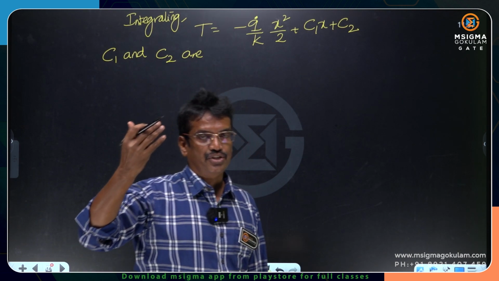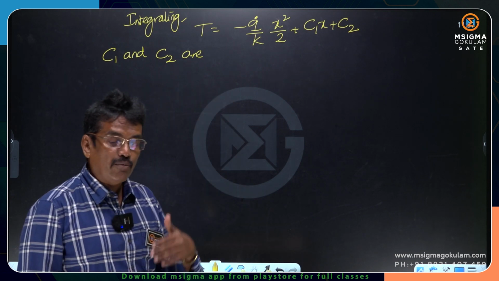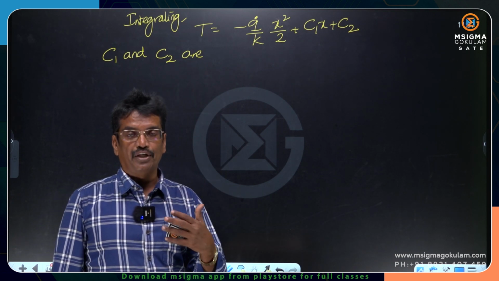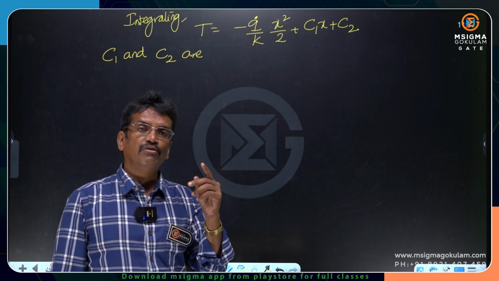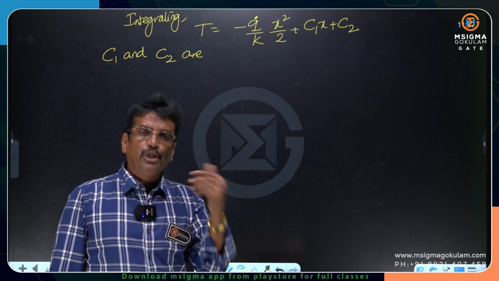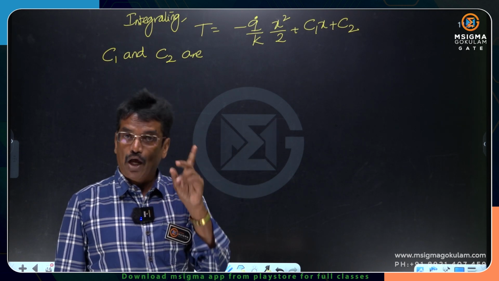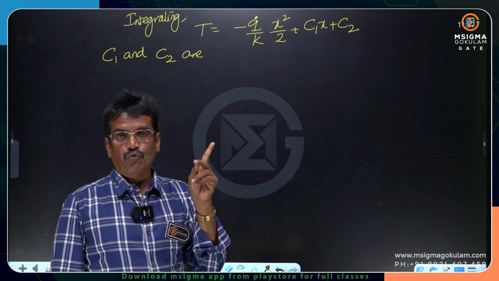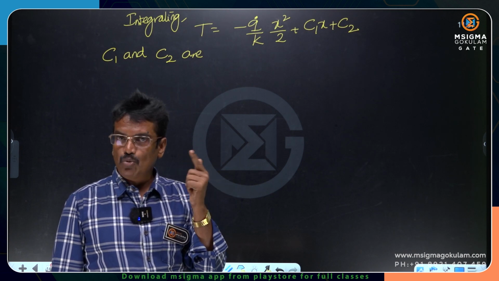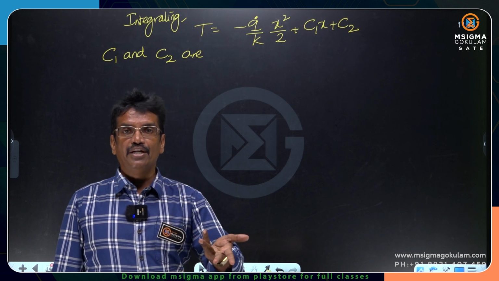In the earlier cases wherever I integrated, I put the limits of integration, so I did not require the constants of integration. Now in this case there are no limits of integration. Therefore, it is an indefinite integral, and we have to bring in the constants of integration. How to get them? From the boundary conditions.